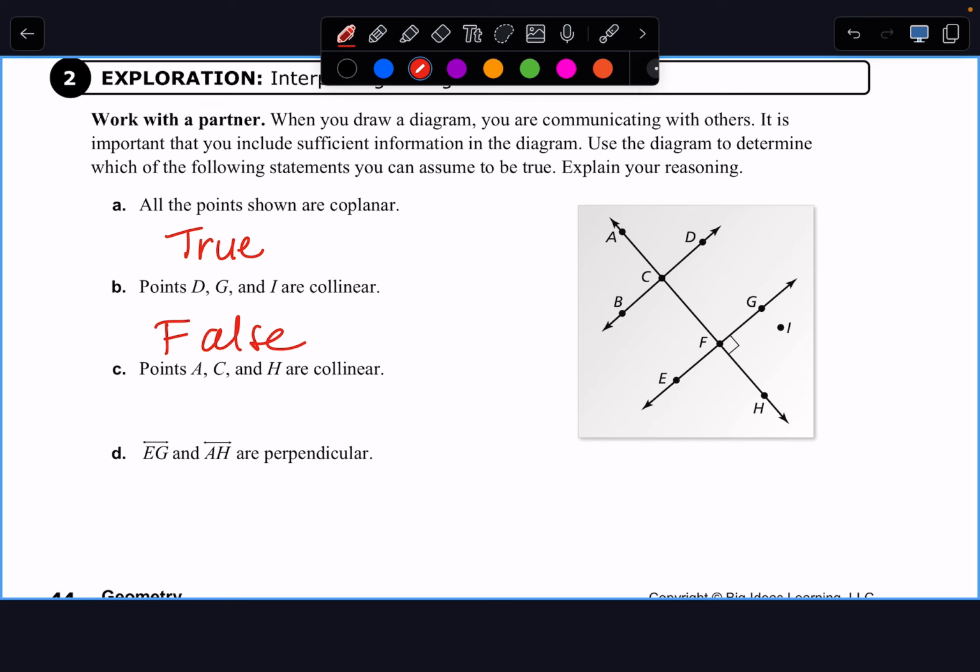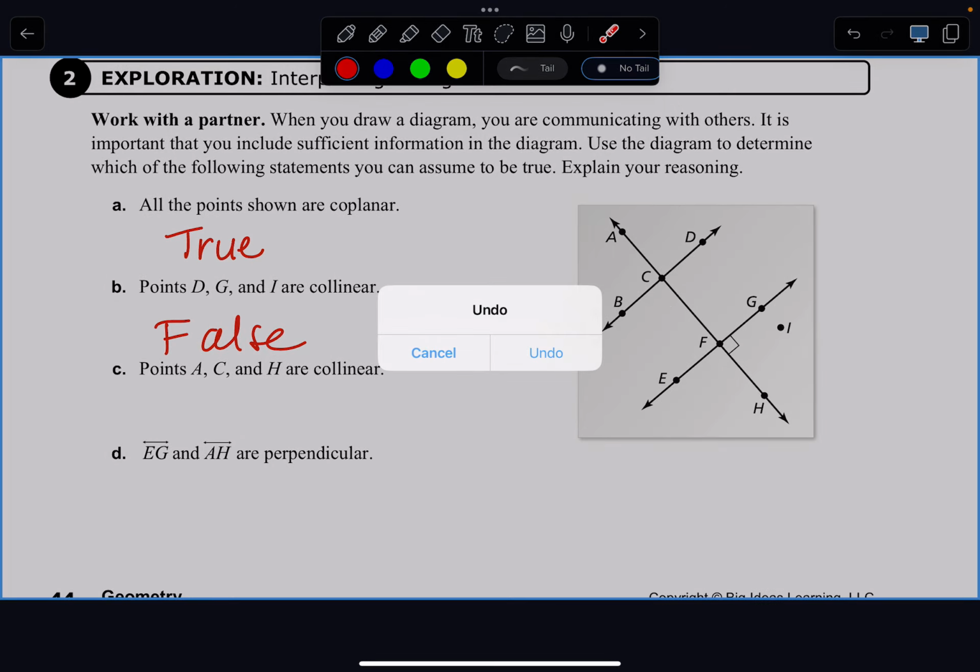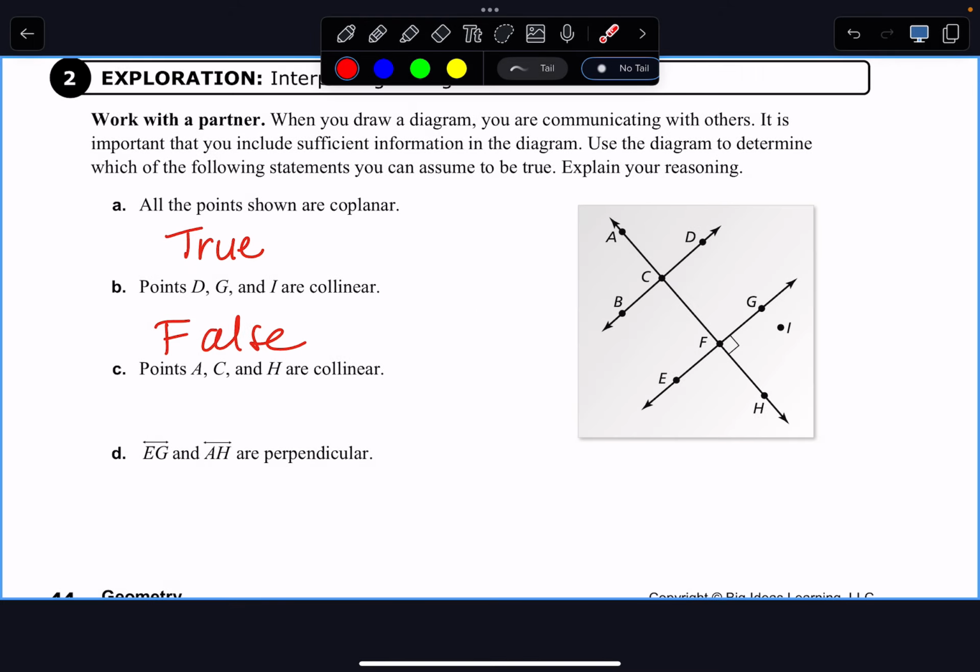Oh, D, G, I. Okay, does it look like we could draw a line through them? There's not a line through them. So they're not collinear. Okay. What about A, C, H? Those actually live on the same line.